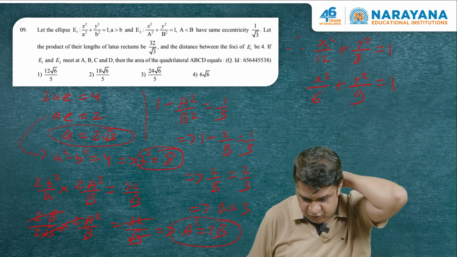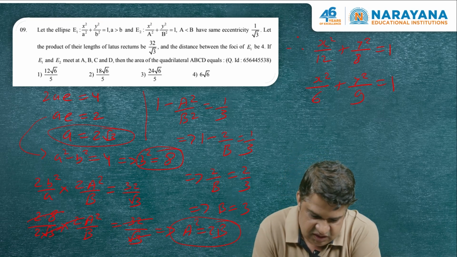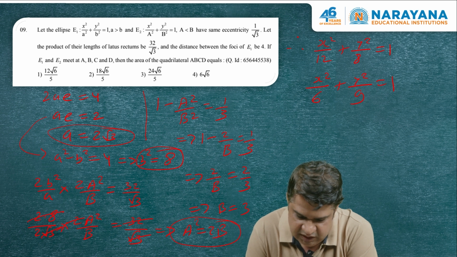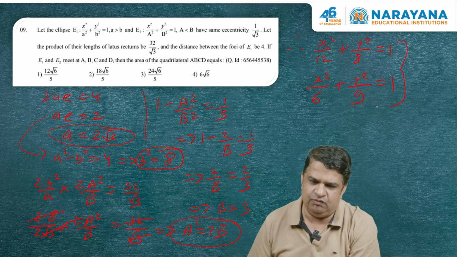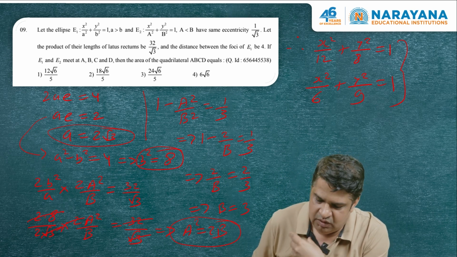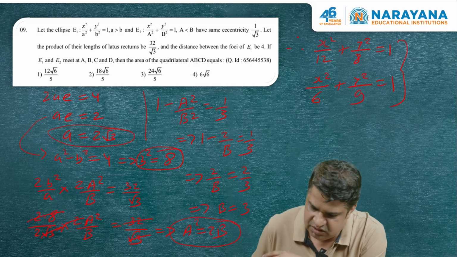Question is the area of the quadrilateral formed by their points of intersection. So, one thing is clear that the quadrilateral is basically a rectangle. So, we have to just find out the point of intersection of the both. So, find any one of the points of intersection in any of the quadrants. Remaining points of intersection have the same magnitude, only the sign will change.